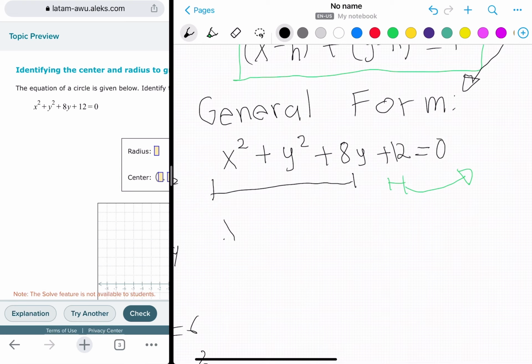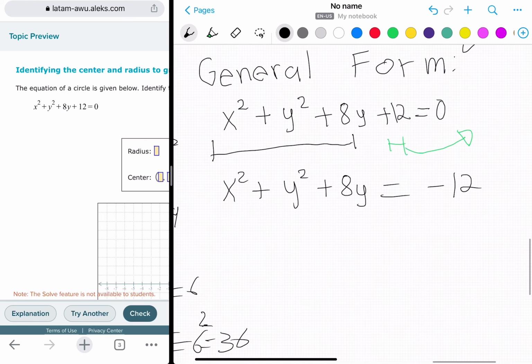So I'm going to have x squared plus y squared plus 8 times y equals minus 12. Now, once I have that number on the right side, I'm going to group the terms that have a y together. That means I'm just going to add parentheses here and here.